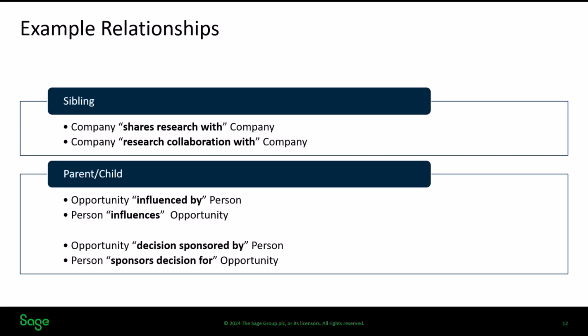But of course, the idea that a person could influence multiple opportunities starts to imply a hierarchy here. An opportunity decision sponsored by person. You can see that you're moving between entities here, and person sponsors decision for an opportunity. So all types of relationships can be expressed.